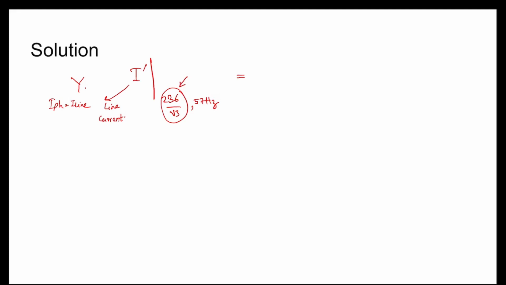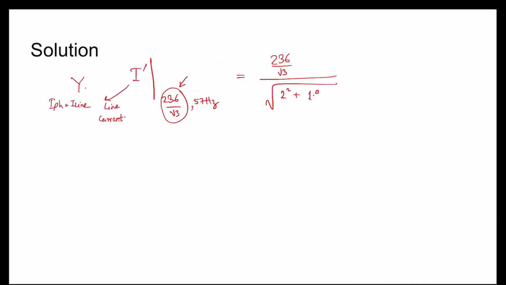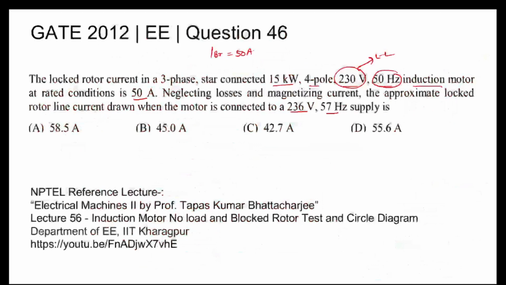Now 236 by root 3 is the voltage, and R is 2, so 2 square plus the new X, 1.98 square, under the root. This much ampere will flow. So I prime is coming out to be 46 amperes. So this is the final answer. So you see this is 46 amperes, so 45 we can say. So option B is the correct answer. Thank you.